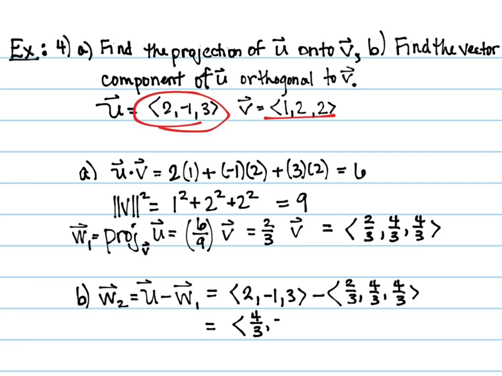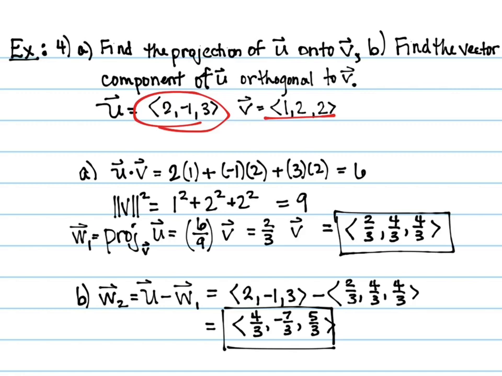Yeah, negative 7/3, good. And then I have 3 minus 4/3. That's 5/3. So these are our two vectors that we get for projecting onto V and the vector orthogonal to V.